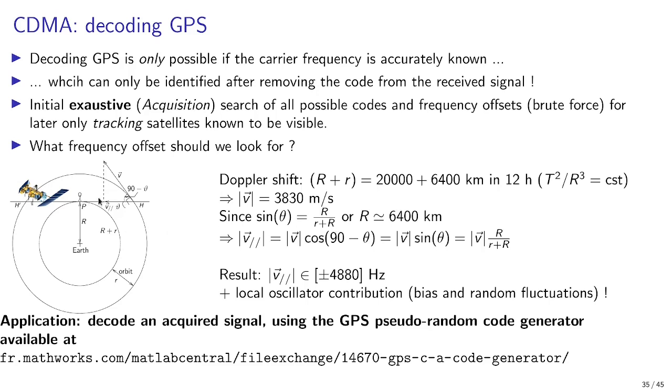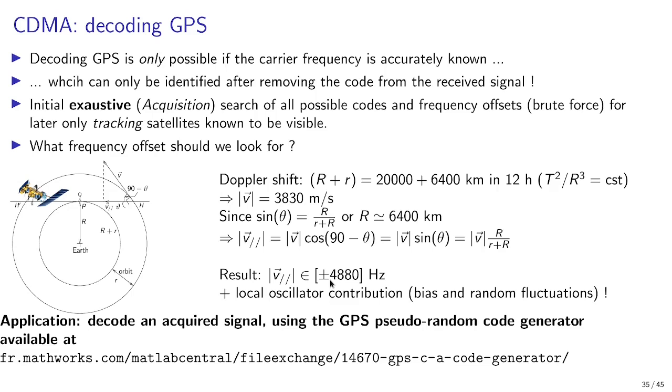Because the projection will be the same sine angle, we end up having a projection which is the tangential velocity times the radius of the Earth divided by the altitude of the satellite plus the radius of the Earth. And this results, for a carrier frequency of 1.57 GHz, in a velocity leading to a Doppler shift of plus or minus 5 kHz.